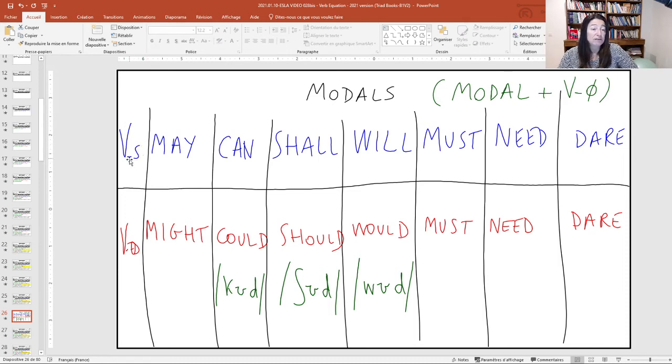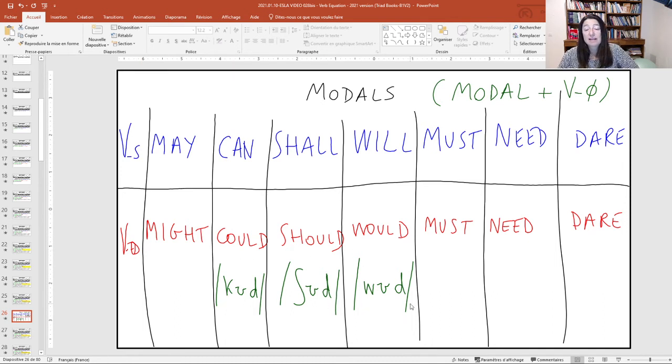associated with operator VS. So in the present: may, can, shall, will, must, need, and dare. And on the second line here, an exhaustive list, I should say, of modals, which are a special type of operators associated with operator VED. So that's might, could, should, would.